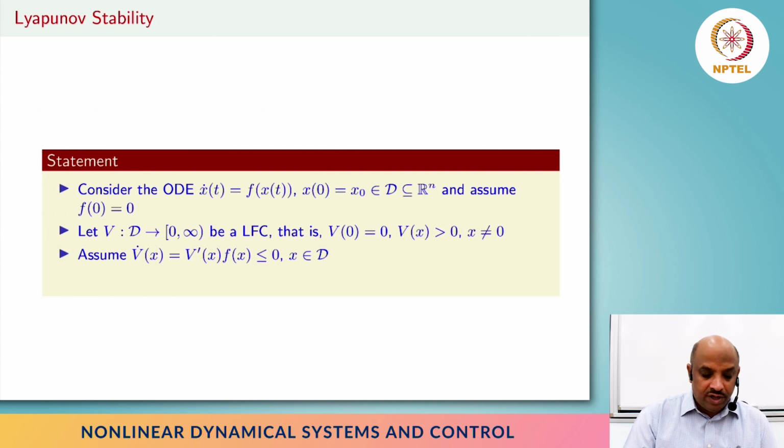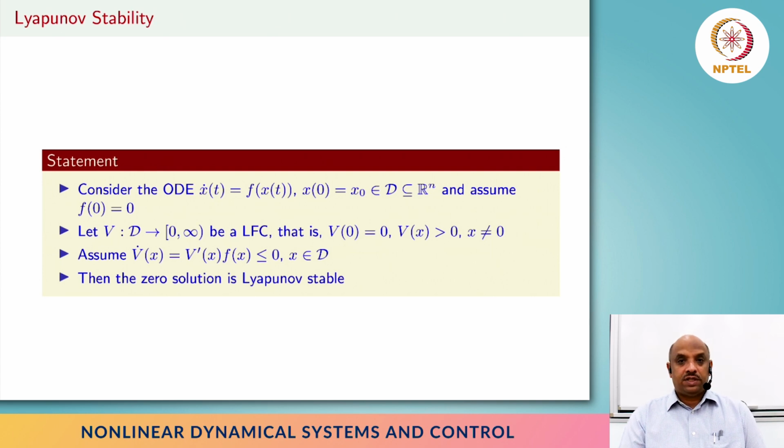Then we assume this V dot of x, which is V prime of x times f of x, is less than or equal to 0, right? Just that. So if these two conditions are satisfied, then we call this a Lyapunov function. Anyway, then we conclude, and it's a beautiful conclusion, that the zero solution is Lyapunov stable, right?